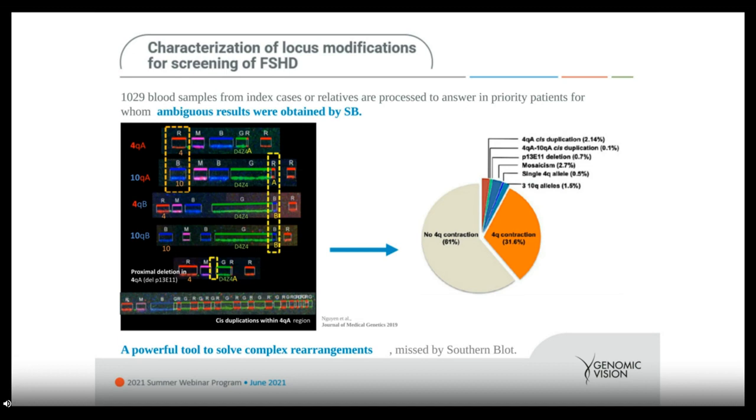In this case, our scientists did a study using more than 1,000 patients that were dubious from analysis previously done by Southern blots. We reran the analysis by molecular combing and the FSHD probes from GMC.